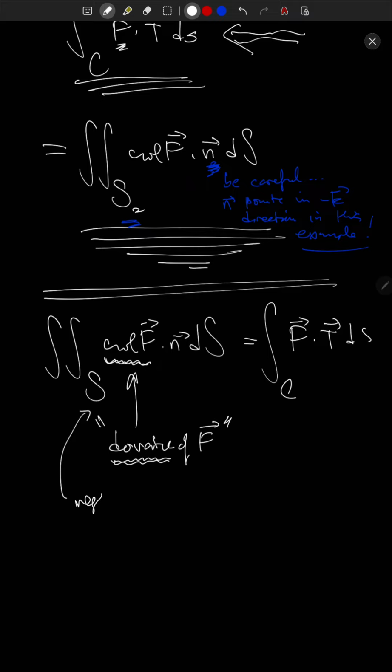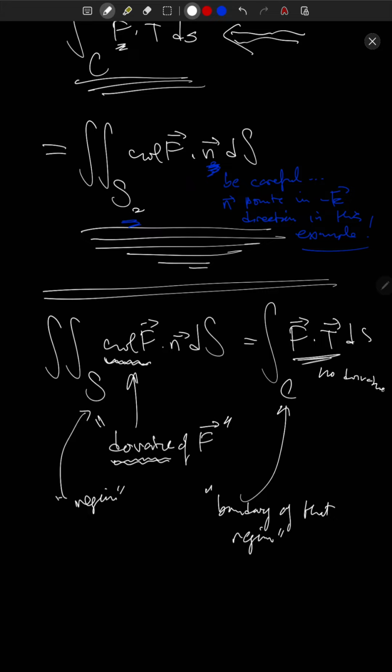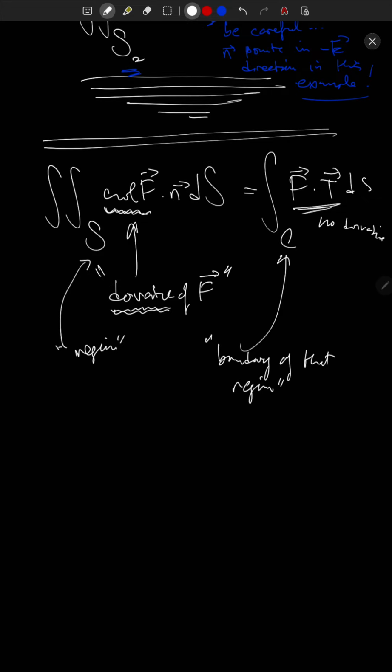This is a region, and this is the boundary of that region. And here there's no derivative. So this should be thought of as an extension of the fundamental theorem of calculus, the integral from a to b of f prime dx equals f of b minus f of a.